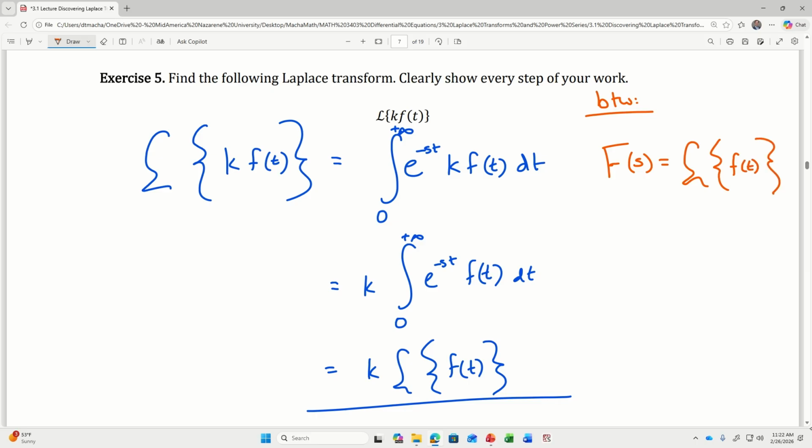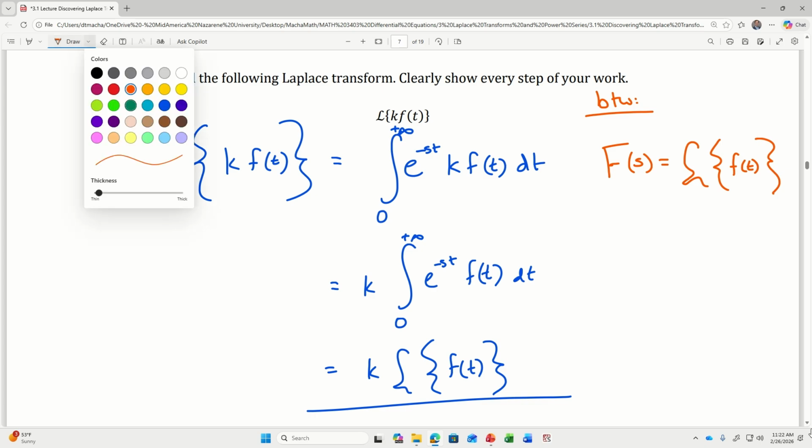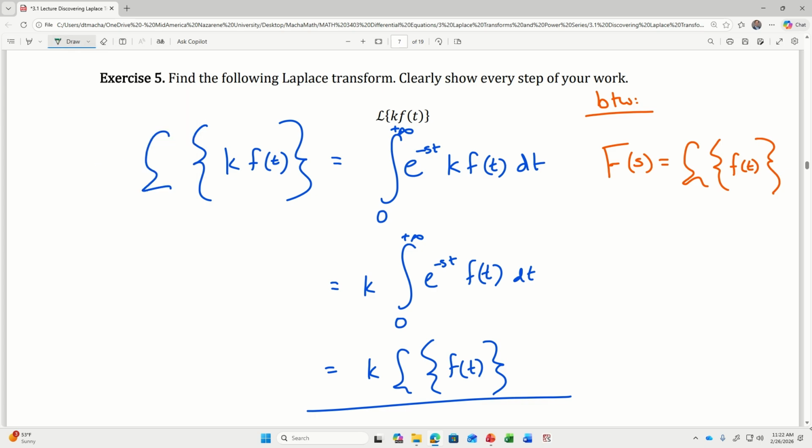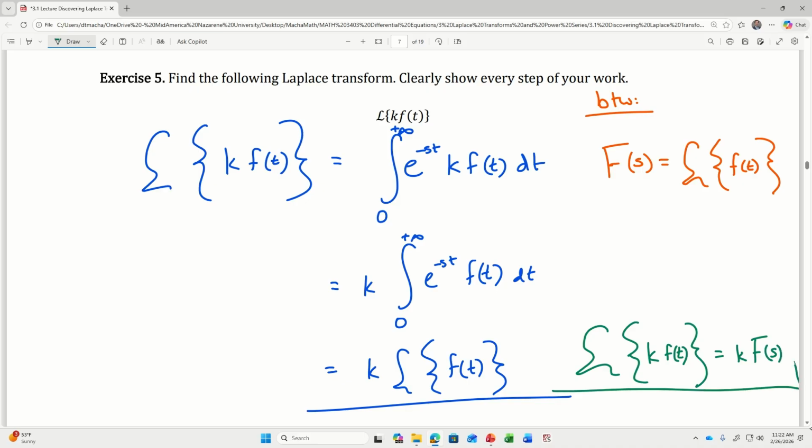And so in this case, you could say that the Laplace transform of k times f of t is k times capital F of s. So it works just like derivatives and just like antiderivatives and just like integrals. It's an operator with homogeneity.